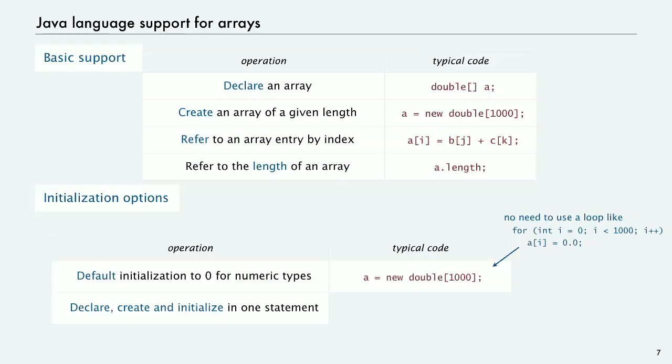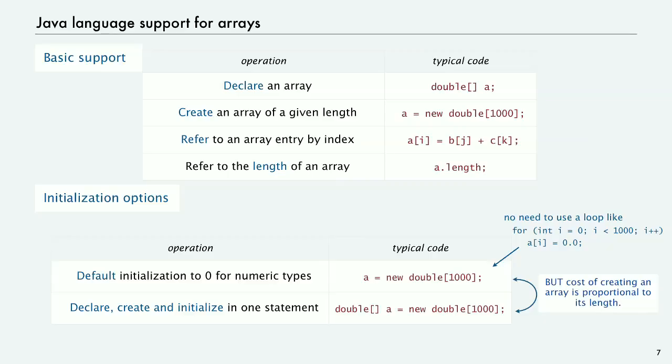In fact, most of the time, we declare, create, and initialize in just one statement, just to make the code more compact. Just like we do with variables, this one says double[] a, so a is an array of doubles, and then the right-hand side says create a new one of size 1,000 and initialize them all to 0.0.